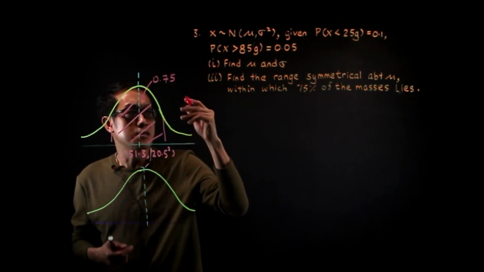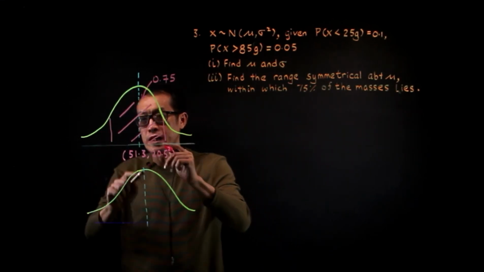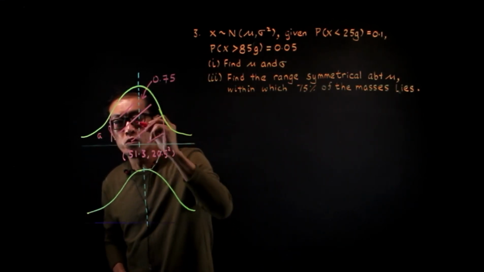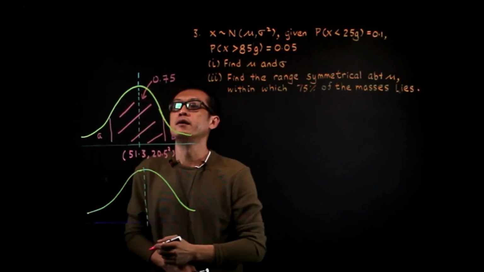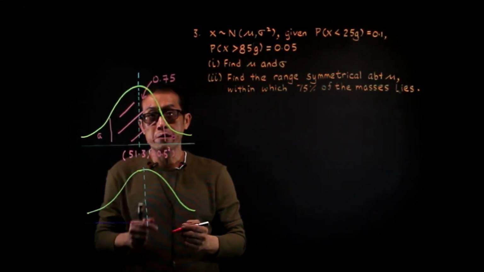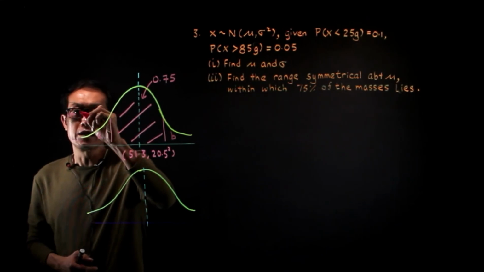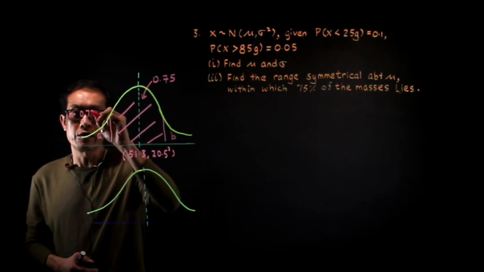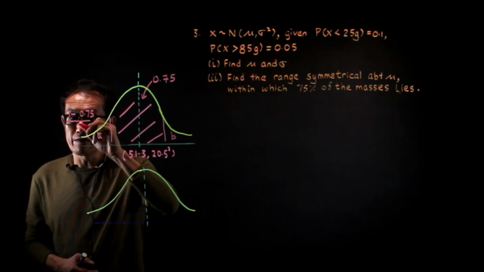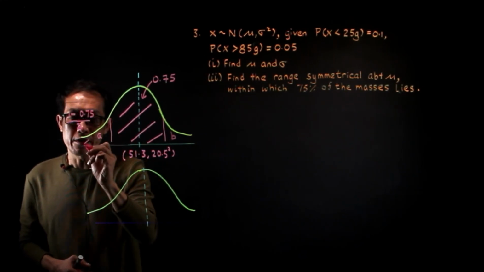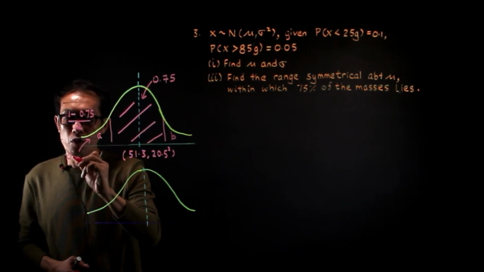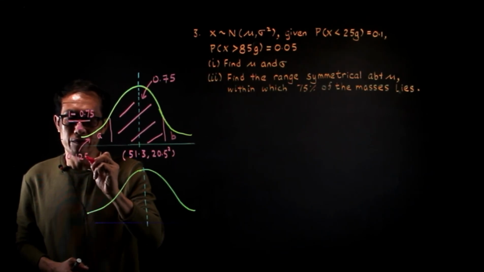Now, since it is symmetrical, this area A will be equal to area B. Now, what is the area A? Area A will be simply 1 minus 0.75, which is 0.25, divided by 2. So this area here will be 0.125.